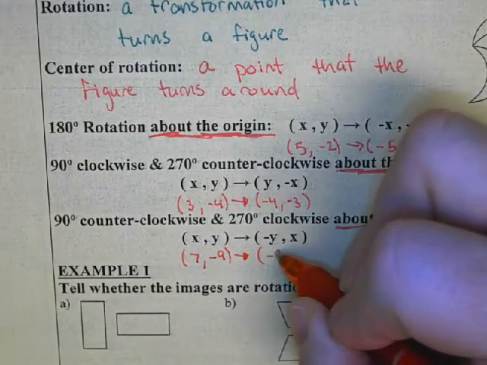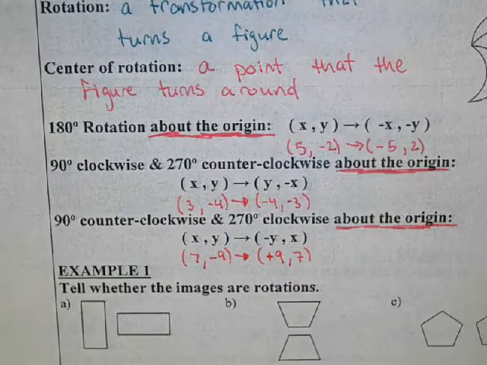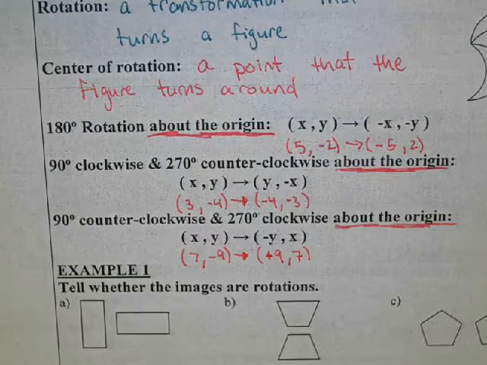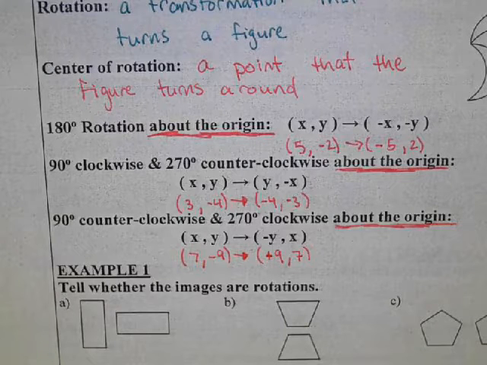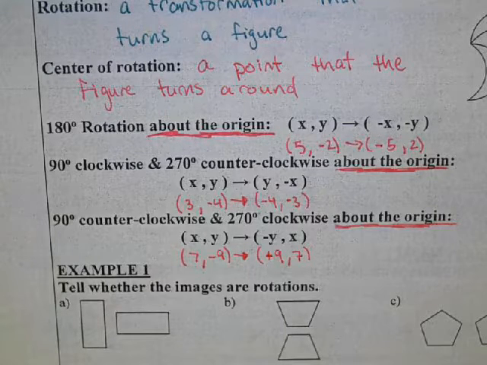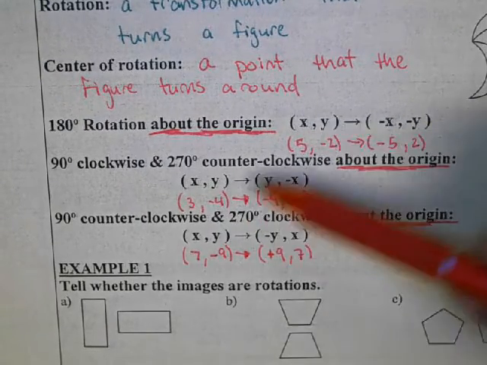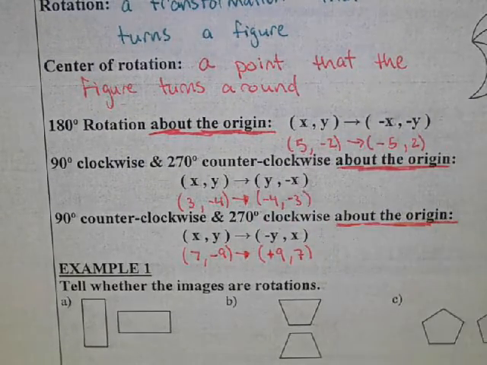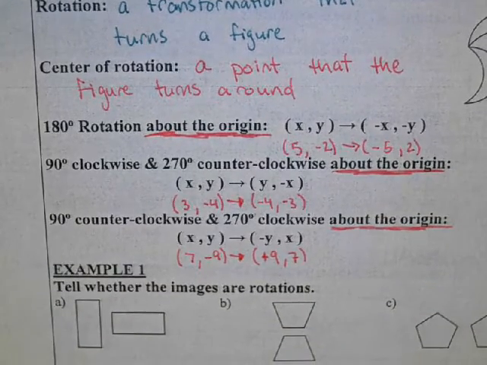So we'll have negative 9 comma 7, but then the y becomes its opposite, so it becomes a positive 9. So we can memorize these three situations, or when we get to some examples, I'll show you some different ways of looking at it.